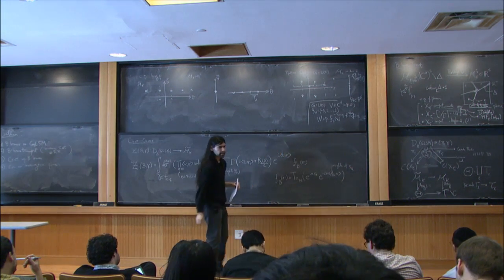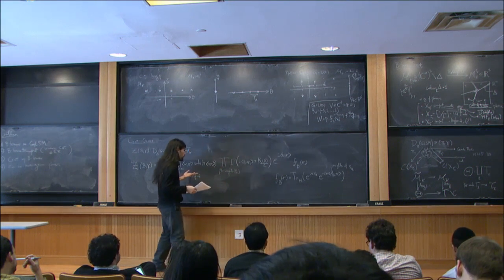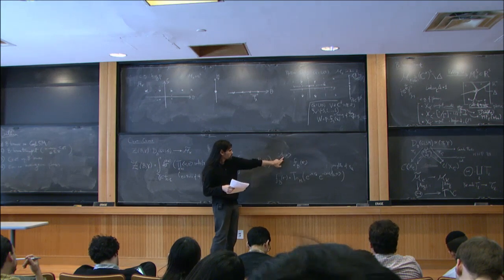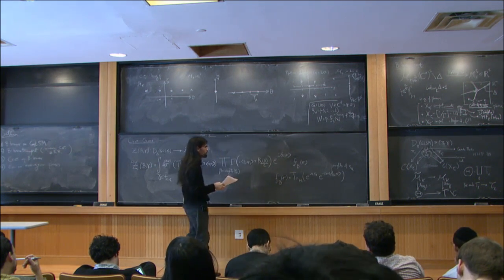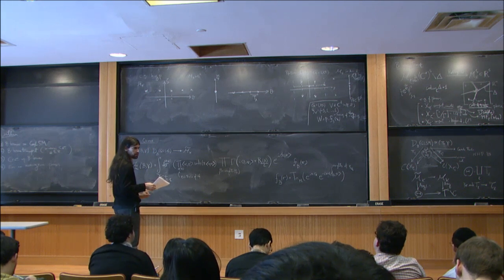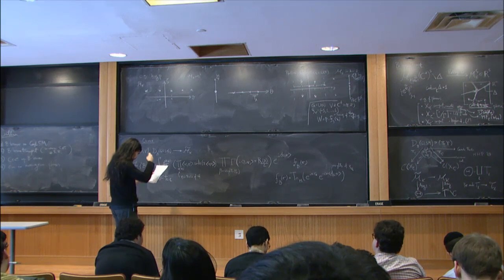So it's just a character. You can see that the only parameter in this whole thing is the Kähler moduli, the phi and theta parameters there. And it's a holomorphic function of those parameters.